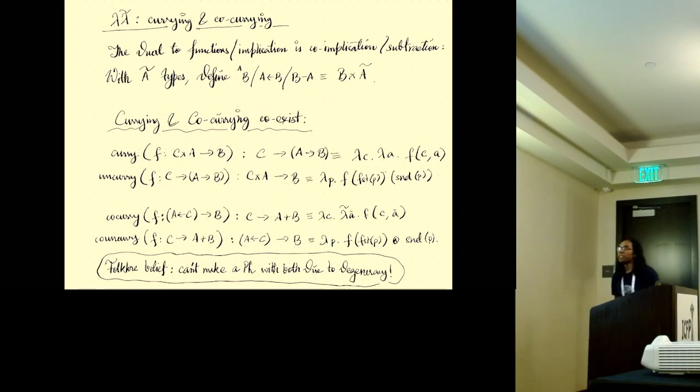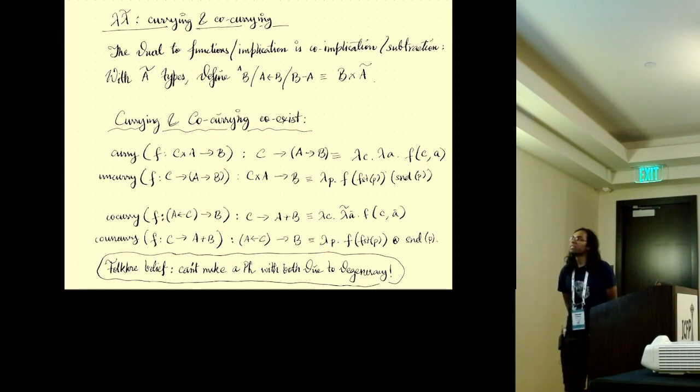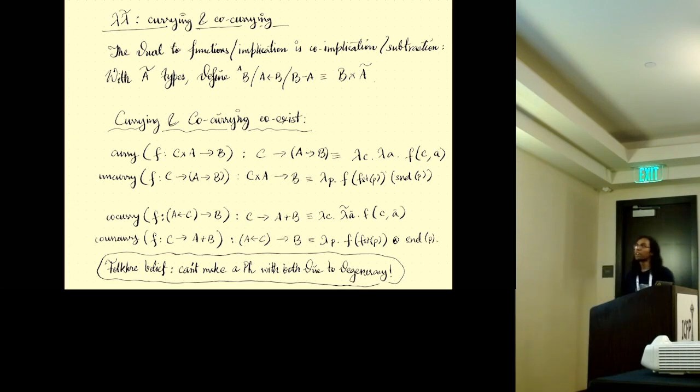Even though I'm saying that a plus b is the binding for lambda bar, there is a derived dual type, it's like b minus a, which is b times a bar, or you can think of it as b with the left arrow to a. Okay, and these subtractive types act completely dual to function types.